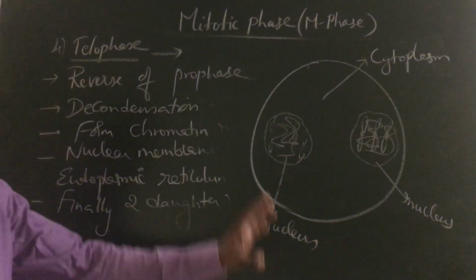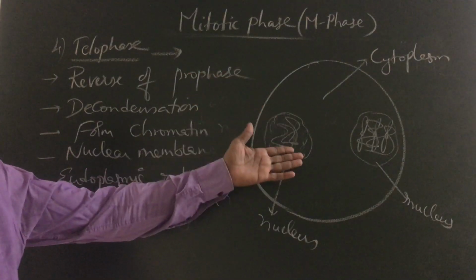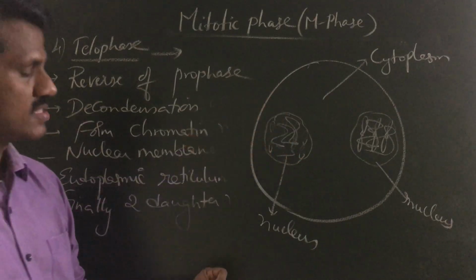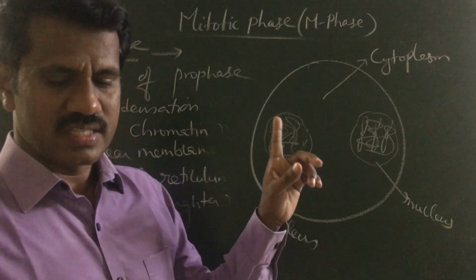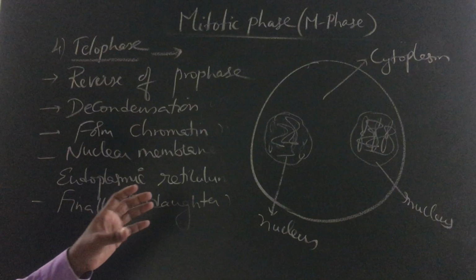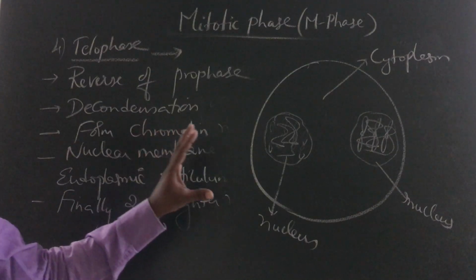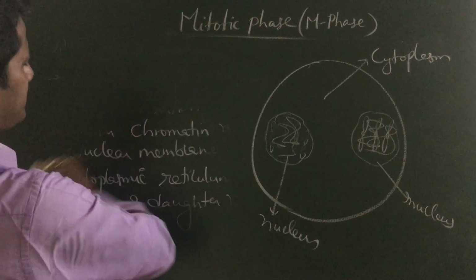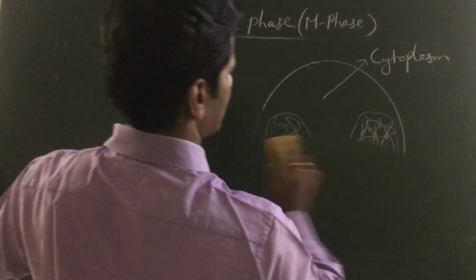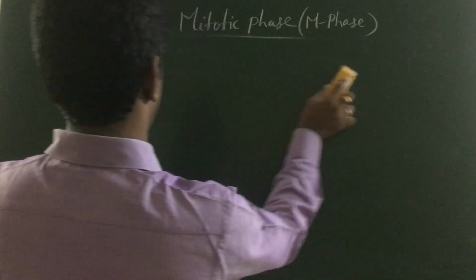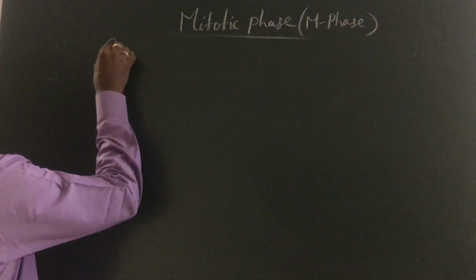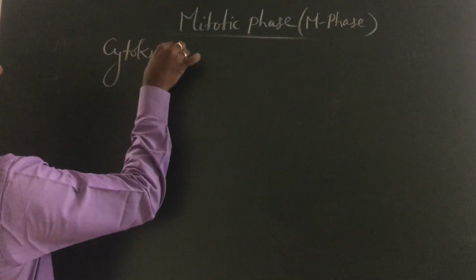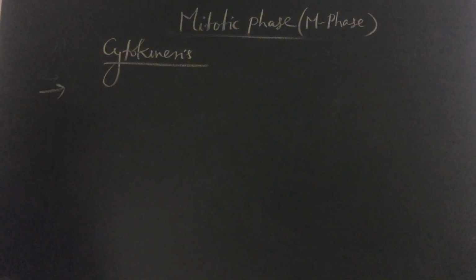So in that also, how does cytokinesis take place in animal cells? It is different. The process of cytokinesis is different in animal cells, and the process of cytokinesis is different in plant cells. So you have to know that. So cytokinesis is nothing but the division of cytoplasm into two daughter cells.